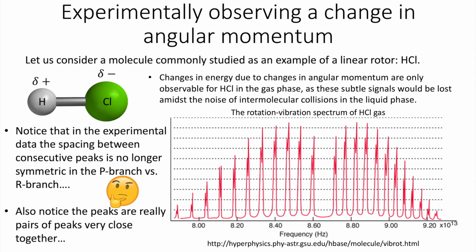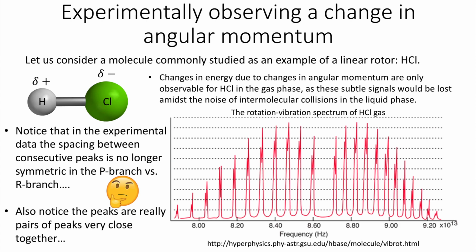So that's one thing that we noticed right away that's not quite right. The relative intensities are actually pretty good. The Boltzmann prediction of how much we should see of each rotational state is actually quite good. But the other thing we notice is that they're not actually just clean single peaks. It's actually pairs of peaks. You see these pairs of peaks that are very close together instead of single peaks.